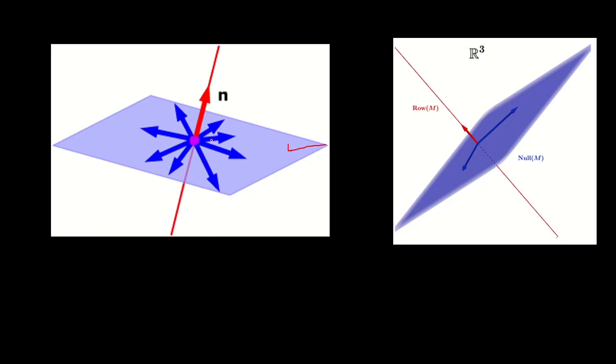So when you take any vector on this plane, all those vectors are perpendicular to n. In other words, all the vectors perpendicular to this n are lying on this plane.